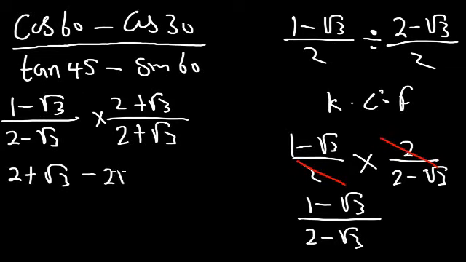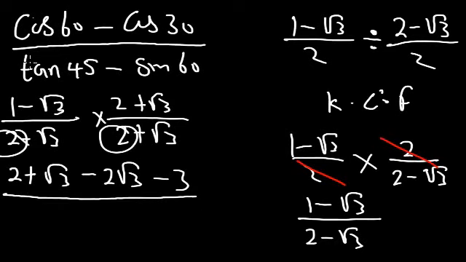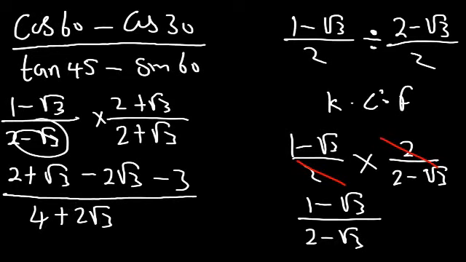And negative root 3 times positive root 3, that's simply negative 3. So in the denominator, 2 times 2, that's 4. Then 2 times root 3, that's 2 root 3. The negative root 3 times 2, that's negative 2 root 3. And negative root 3 times positive root 3, that's negative 3 as well.